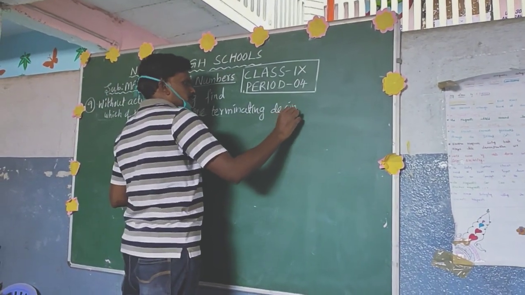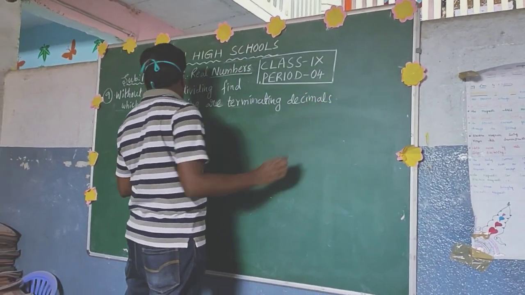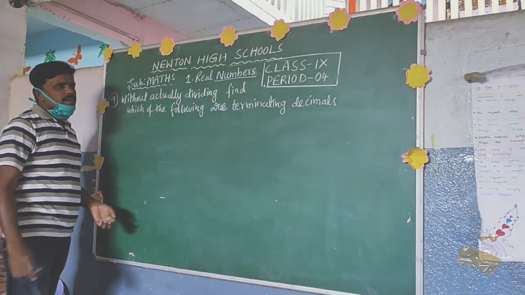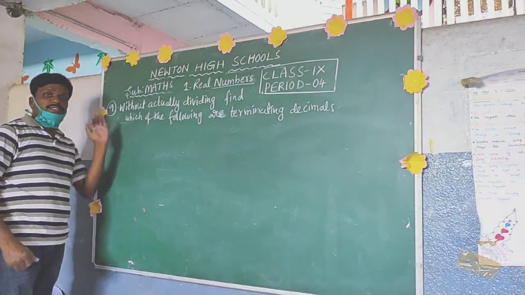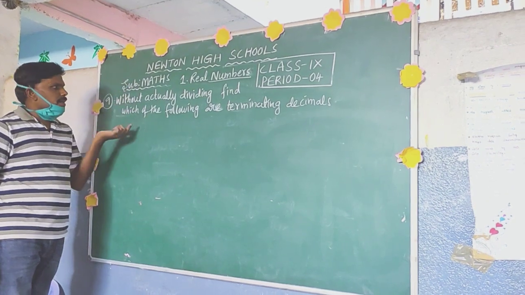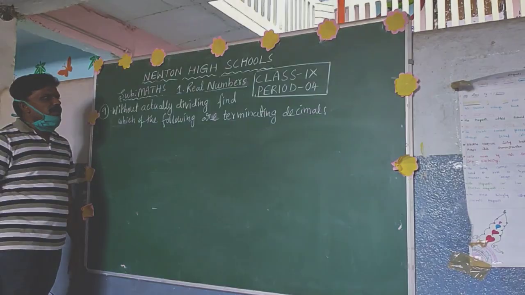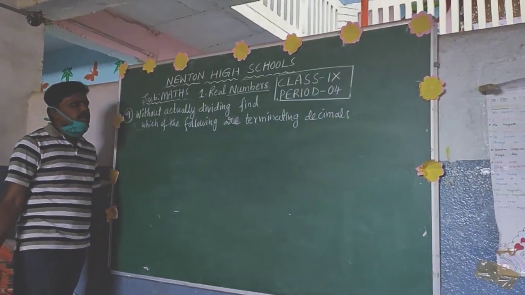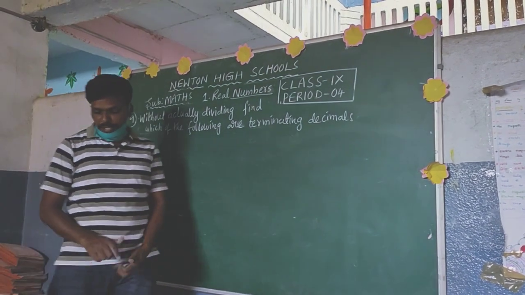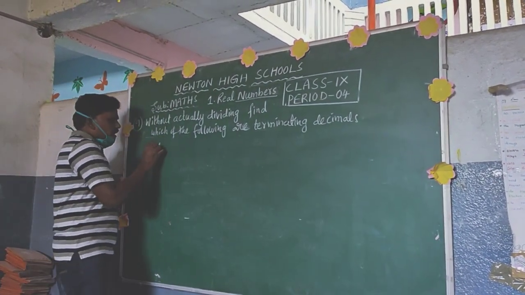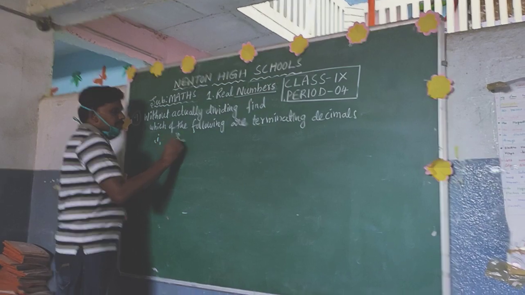But in the previous class, just now we learned about terminating and non-terminating decimals by the division method. But in this method, without actually dividing, find which of the following are terminating decimals. How is it possible to do it? For example, I'll give an example: 3 by 20.